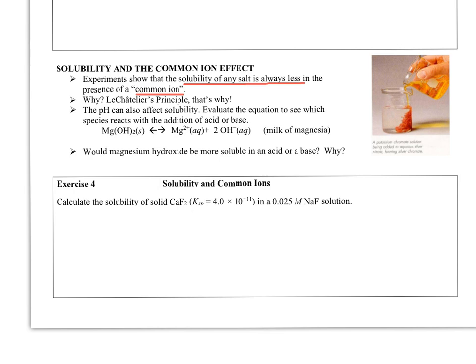So if I start with some of that ion already present, then I'm going to reach equilibrium sooner, not faster, not in kinetics world, and it's going to be at a lower concentration of that ion. So we're going to see less solubility occur.